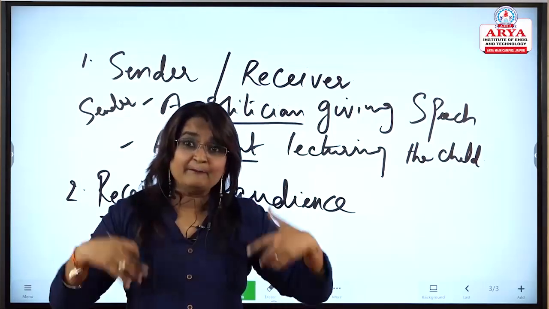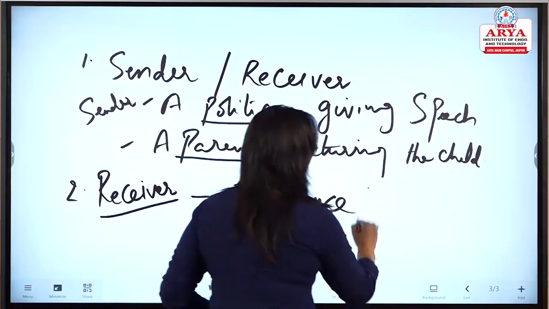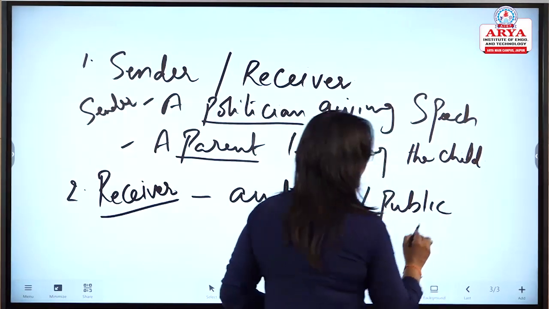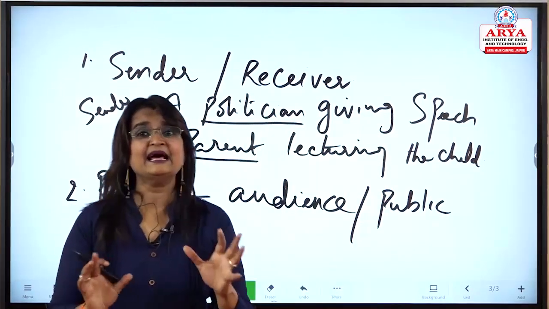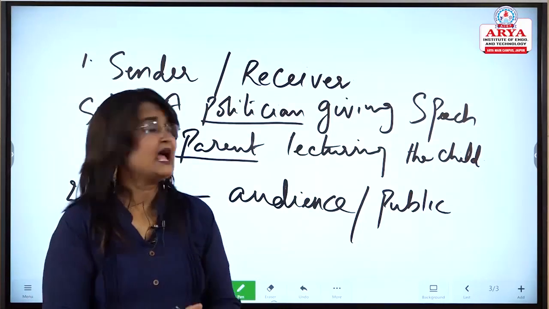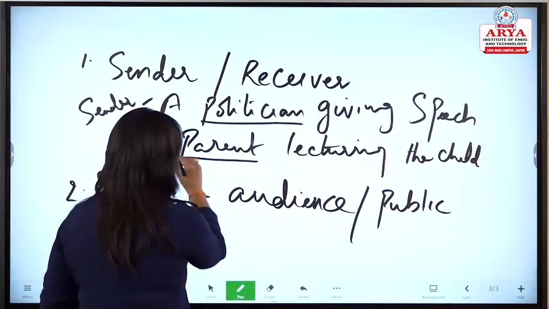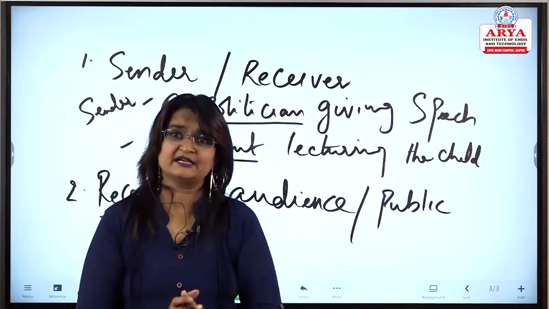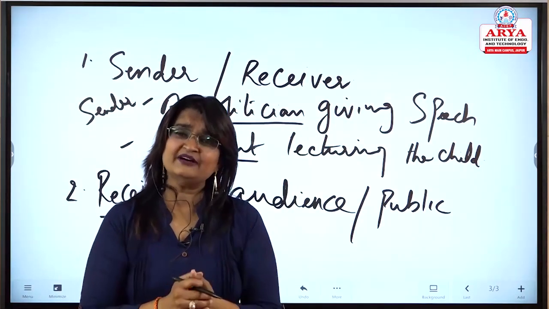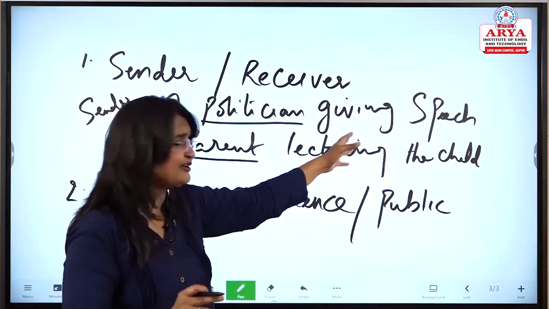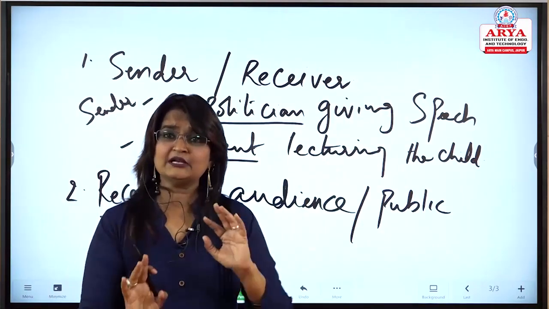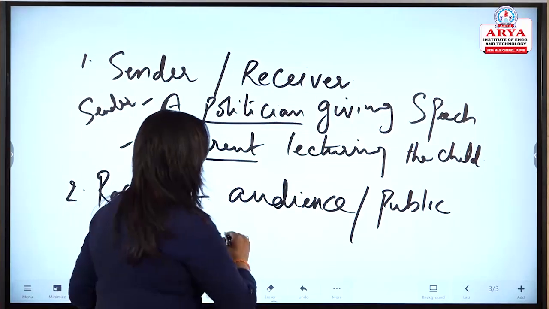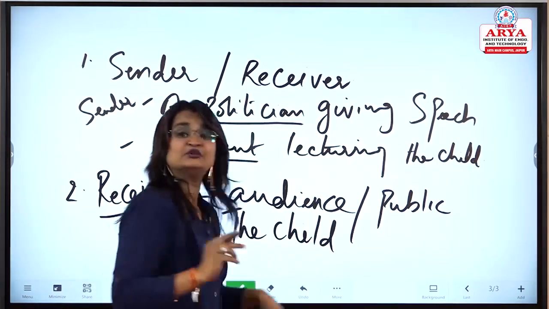And in the second example, the parent lecturing the child, again who is the receiver? Whether he responds back to the parent or not, he has received the message. So the child is the receiver.